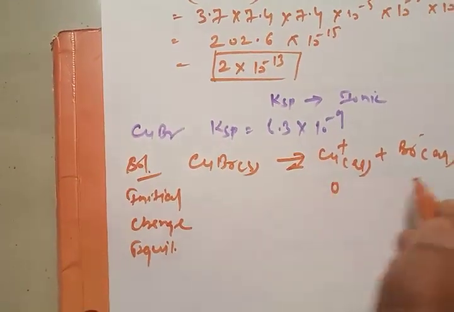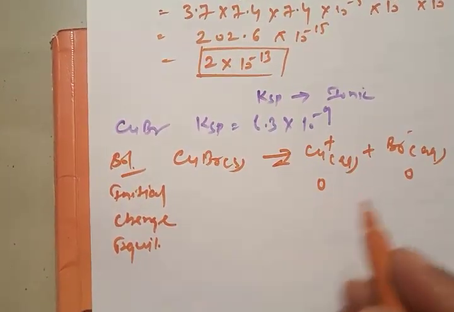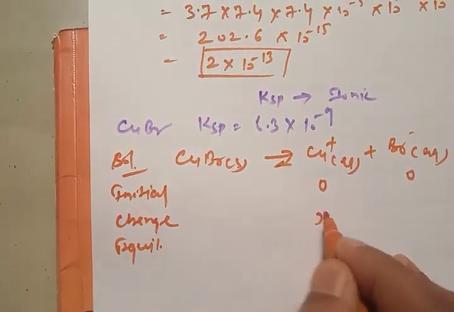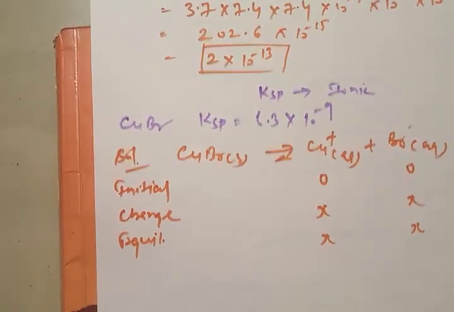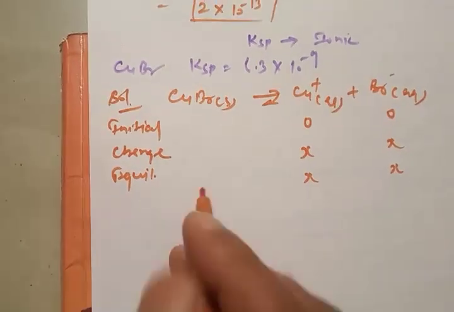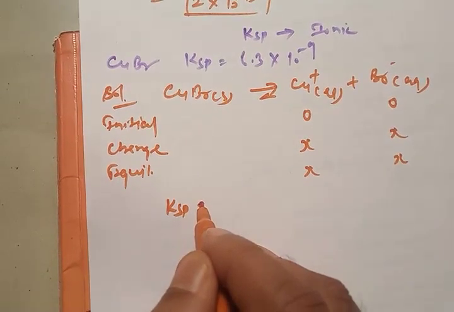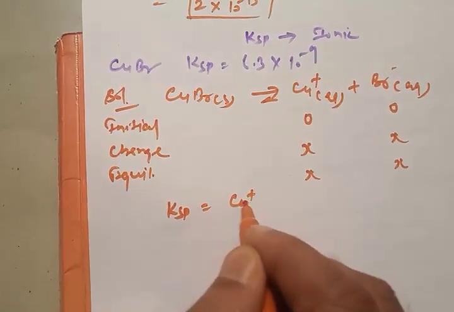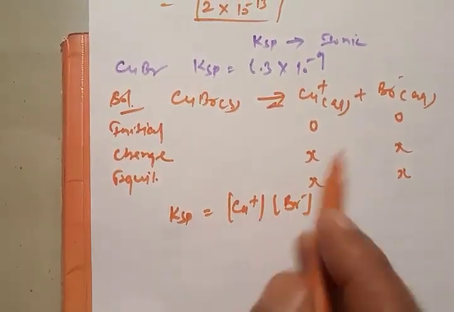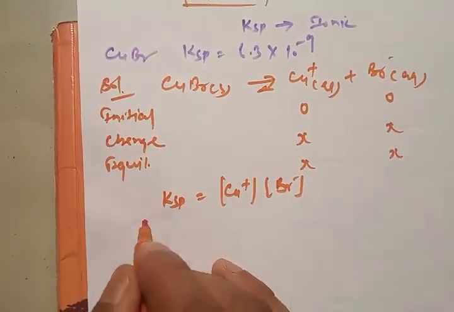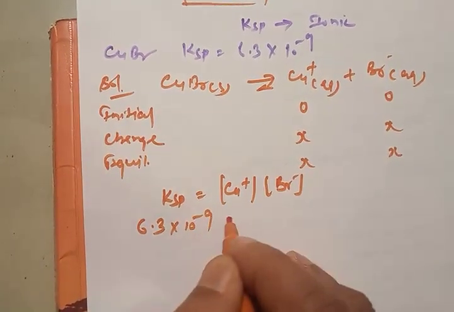Initially we know that there is no dissociation. What change, we don't know how much each ion extends, so this will be x and this will be x, and again at equilibrium this will be x and x. Got it. Now let's find out each ion value. Ksp equals [Cu+] times [Br-]. The Ksp value you have been given is 6.3 × 10^-9.